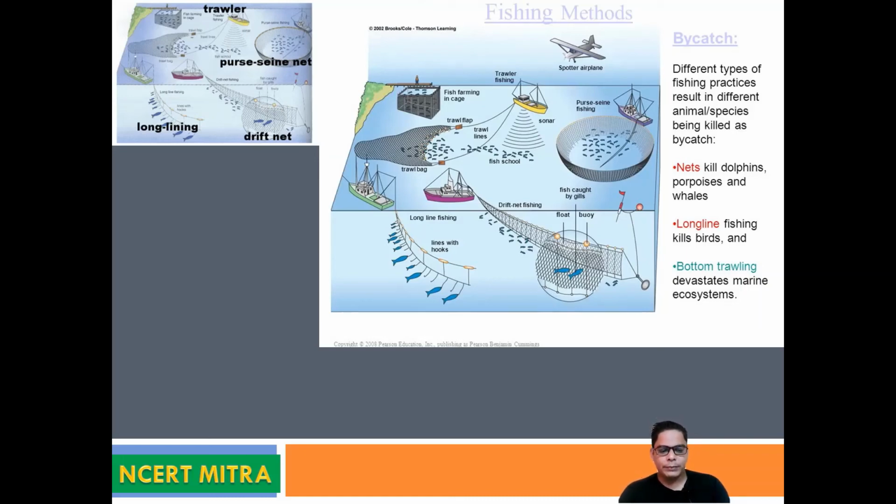Drift nets hang vertically in the sea, like a tennis net, and by this they collect fish. Trawling uses a trawl, a net or bag shape whose mouth is open, so they can collect easily, and demersal fish is collected by this trawling method.